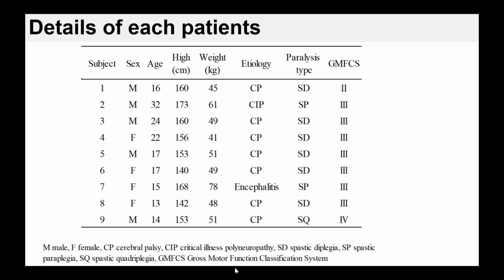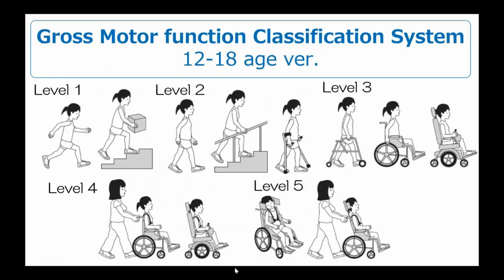Details of each individual are given in the table. This figure illustrates the disorder picture for each level of GMFCS. Levels 2 and 4 were targeted in this study.